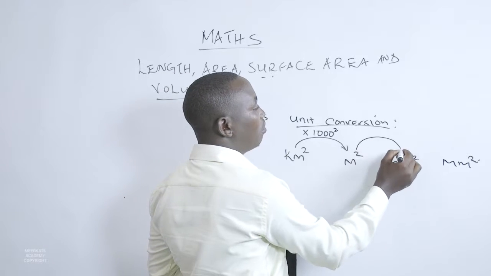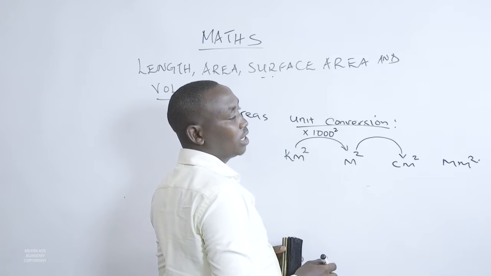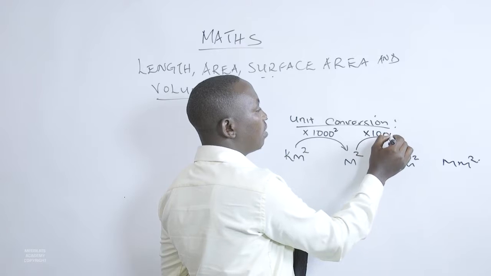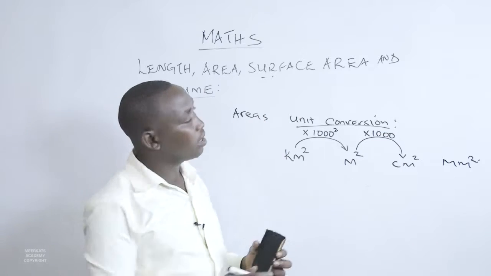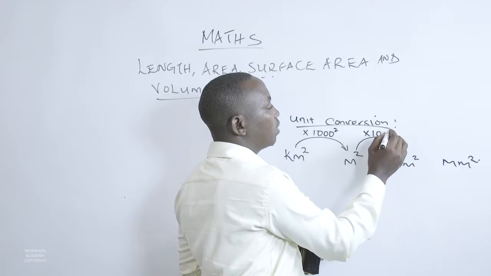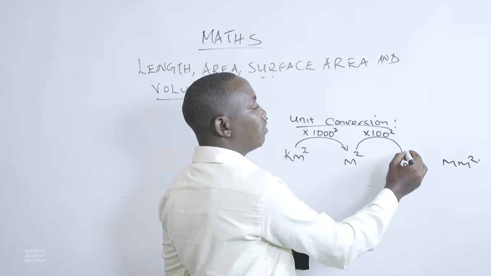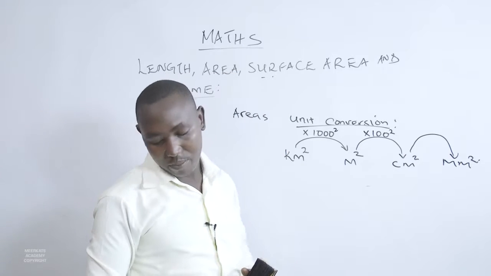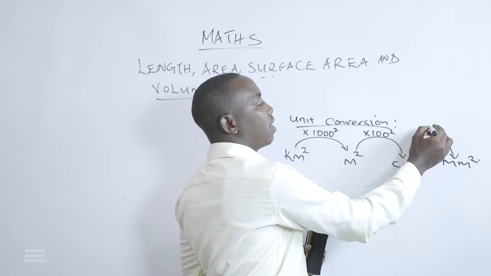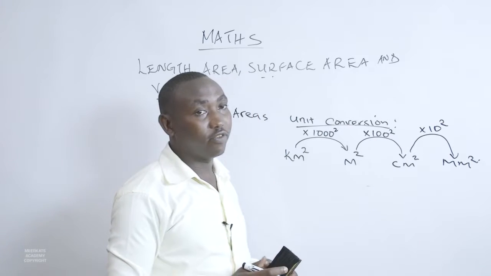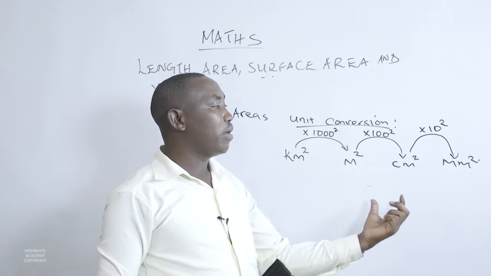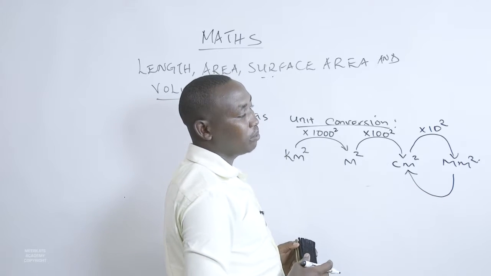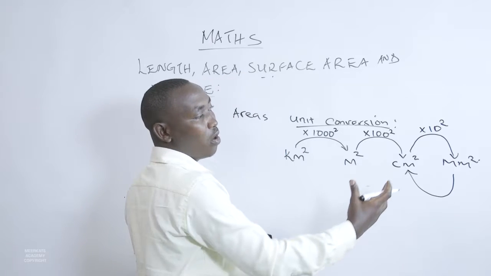The same from square meters to square centimeters, we again multiply by another 100 squared, and again from square centimeters to square millimeters, we multiply by the square of 10. Notice that when you'll be going back from square millimeters to square centimeters, we do the reverse.